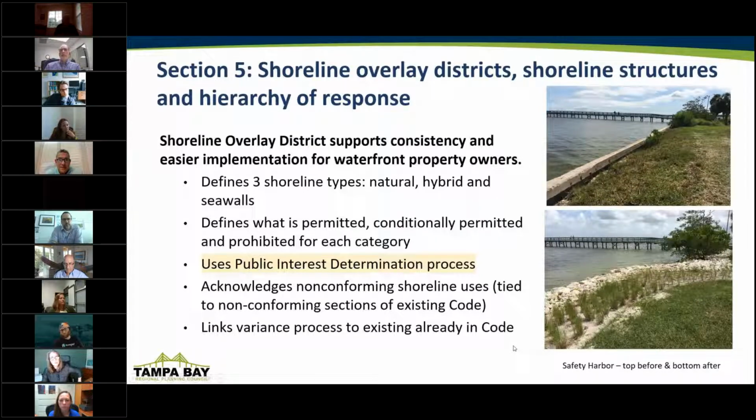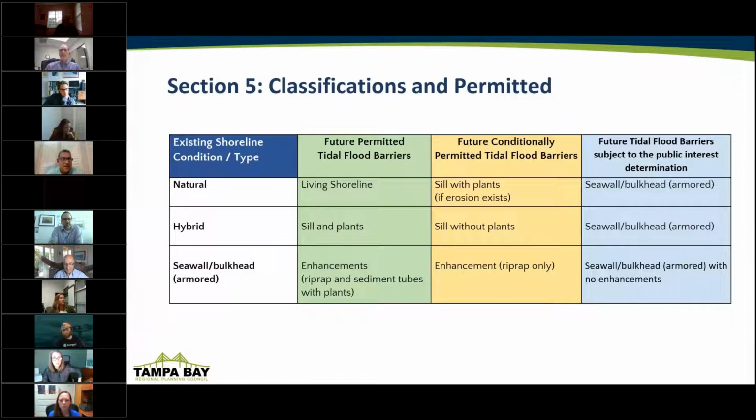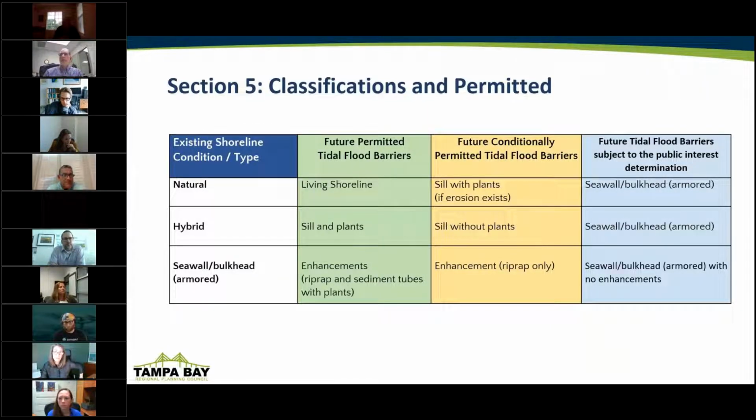So one of the things we wanted to do: we heard a lot from people who work in permitting in the departments. We heard from contractors who have major challenges getting projects implemented. Frequently, I heard about the difficulty of getting living shorelines permitted from a variety of experts. So we wanted to indicate that if this was your existing shoreline type or category, and you had a natural one, you could receive what we would call almost a standard automatic go-forth and produce this kind of shoreline under these conditions.